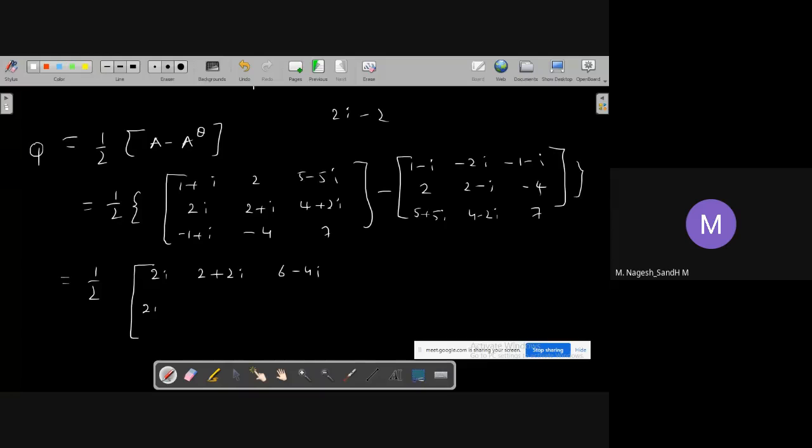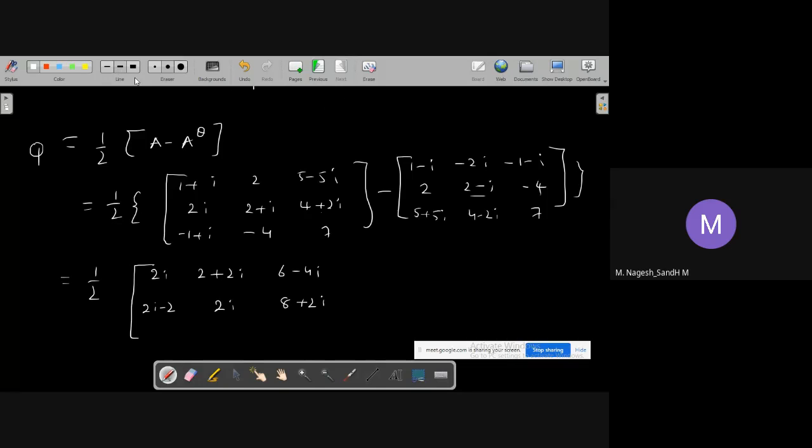Next, 2 plus i minus of 2 minus i, so what is the value? 2i. Okay. Next, 4 plus 2i minus 4, if anybody doesn't know, you learn from your subtraction. What is the value? 8 plus 2i, very good.